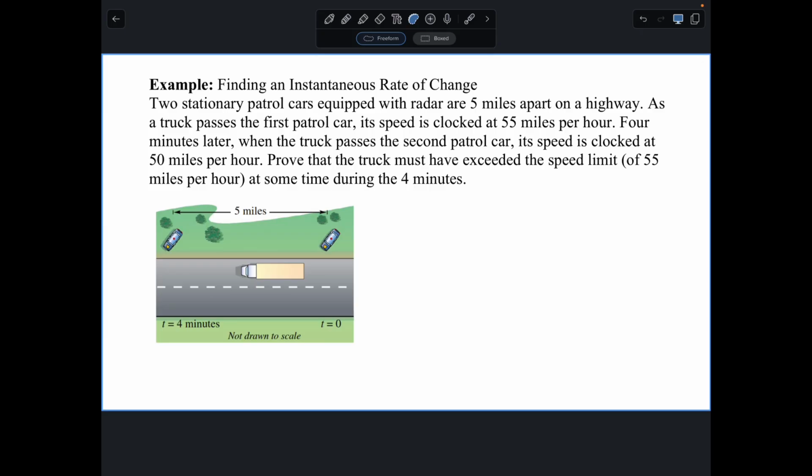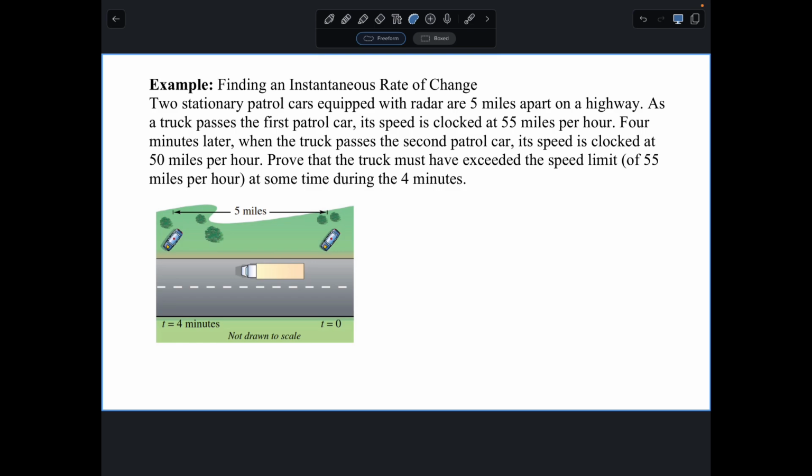Five miles over 4 minutes: x of 4 minus x of 0 over 4 minus 0. Okay, I'm going to do the math. 5 times 15 is 75 miles per hour.